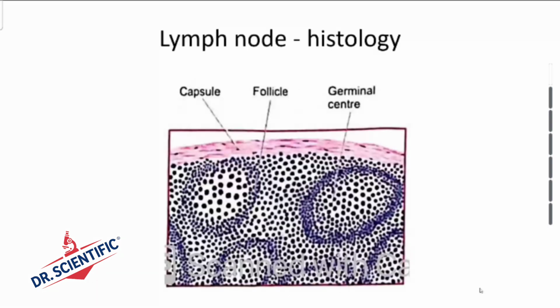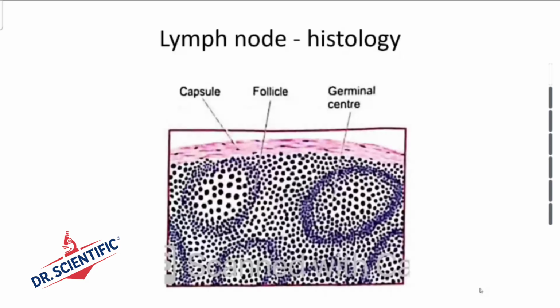We have there the histology, that is, the microscopic anatomy of the lymph node. You can see the capsule, and you can see the germinal centers. That is in the follicles. There is the follicle, and those follicles mature to develop a germinal center. An electron micrograph showing lymph node tissue.